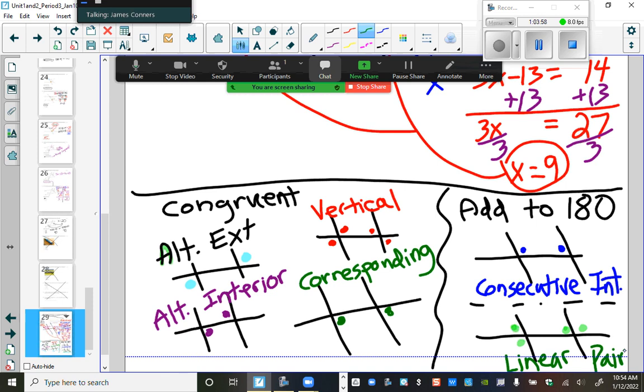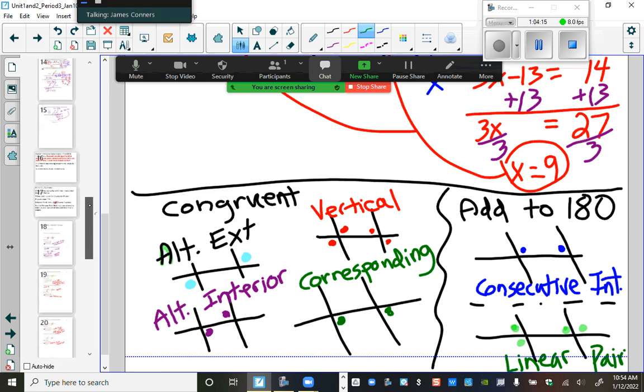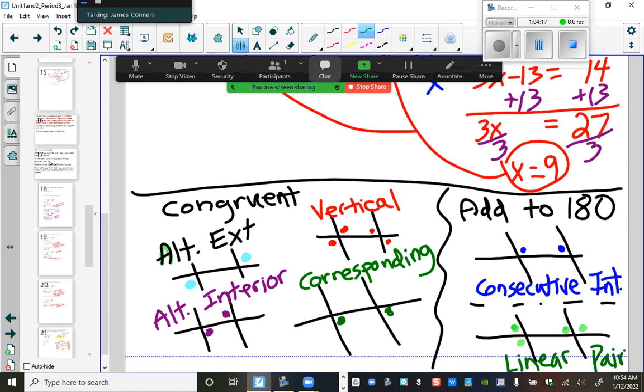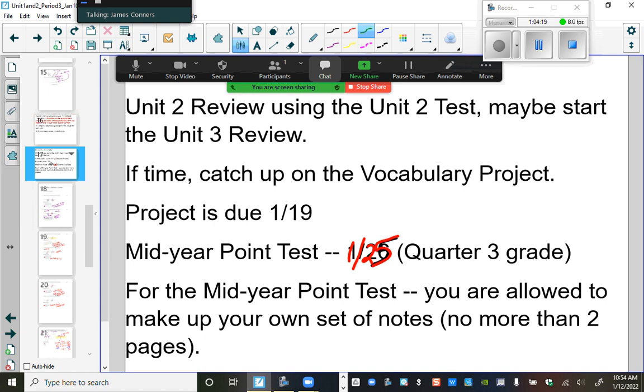All right, here's what I'm going to do for the rest of this period. You have the following. You can either work on your project, which if you need to do, I'd work on that first.